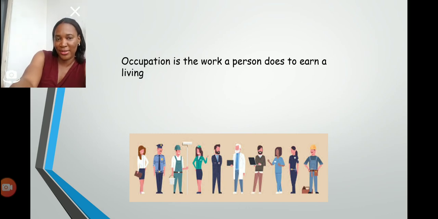Just like your parents that go out every morning, there's something they do to be able to provide for you, and there's something people look for them because they do. So that is their occupation. Occupation is the work a person does to earn a living. Could you repeat that after me? Occupation is the work a person does to earn a living.